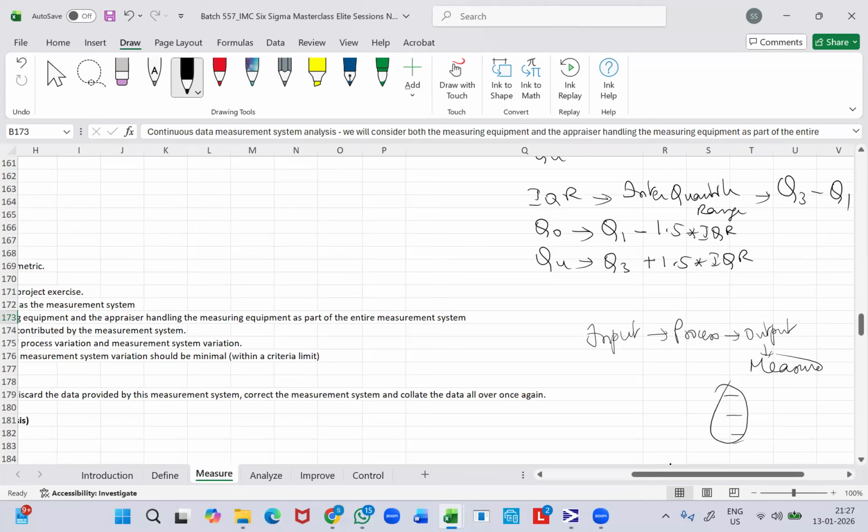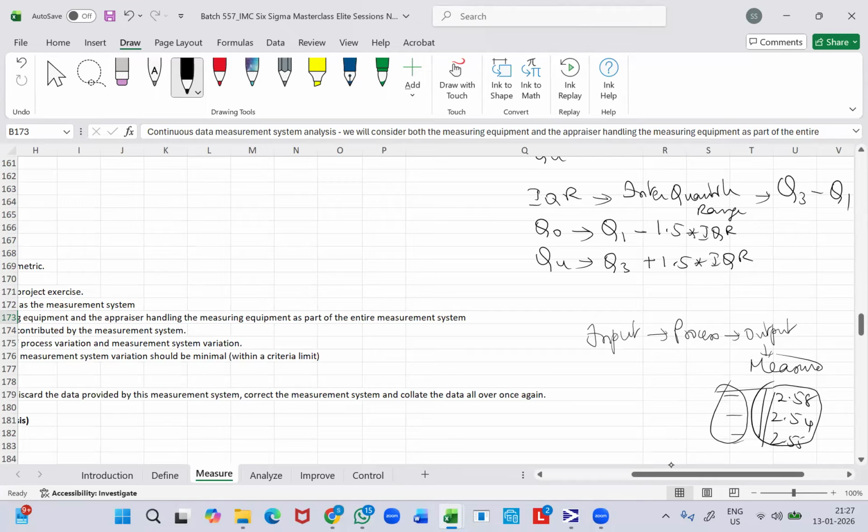So for example, we will have weight as 2.58, 2.54, 2.55, etc. Whatever differences you find in these measurement values after measuring the output will be called the total variation.